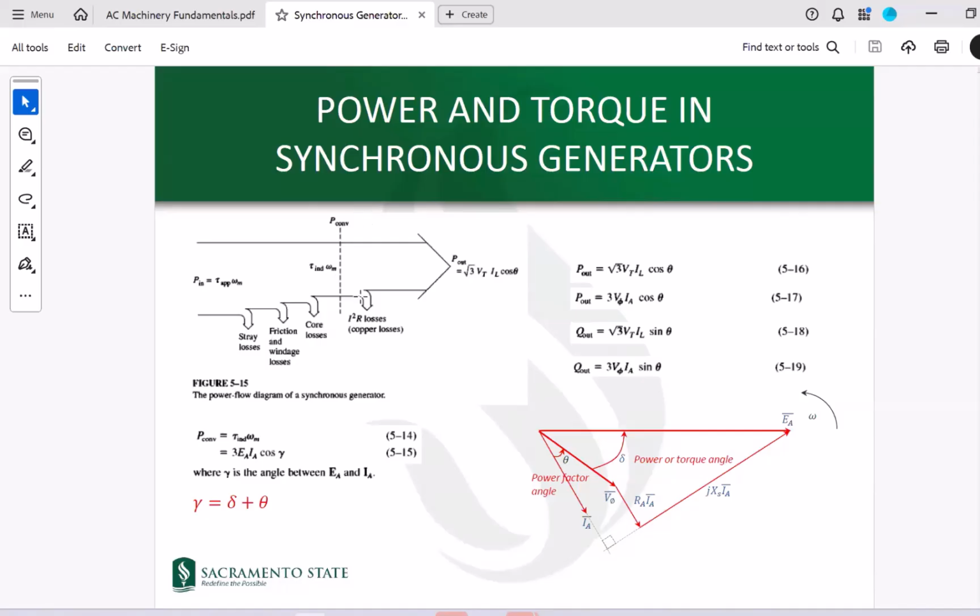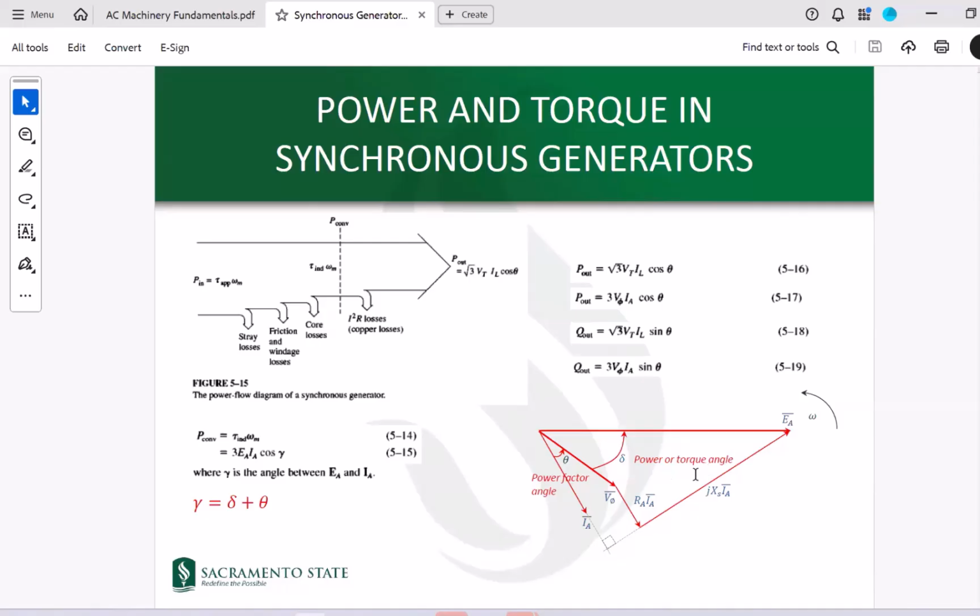And for the P converted, you can find it from tau induced times omega m, which would be really 3 times EA times IA times cosine of gamma. And what is that gamma? That gamma is the angle difference between EA and IA, which is the same as delta plus theta, the power angle plus the power factor angle.